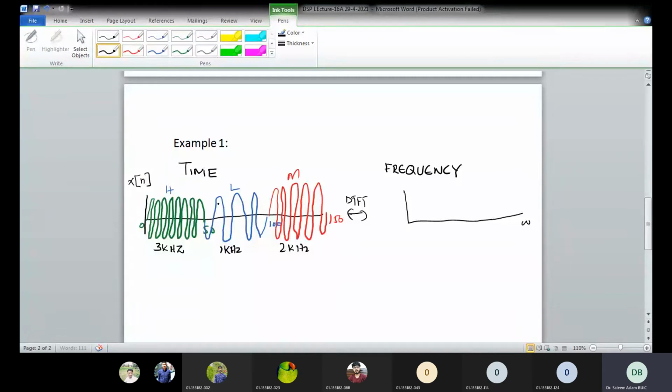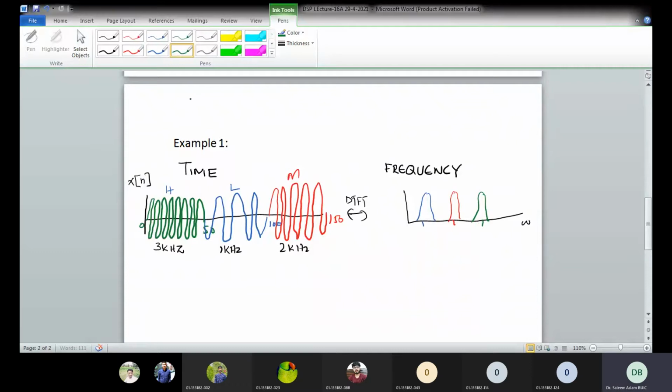We just assume that it is sampled. Then we have three components. Let me define those components one by one. So we have a medium frequency component, this is 2 kilohertz. We have one low frequency that might be at 1 kilohertz, and we have another component, the green component, the third one, which might be 3 kilohertz.